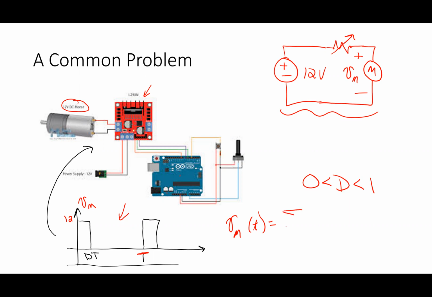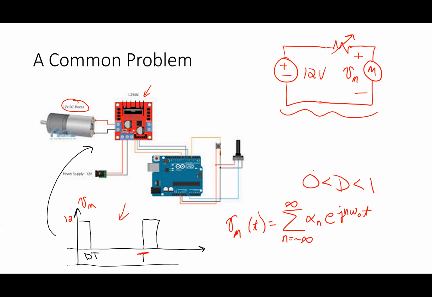So V motor is some waveform, the sum from negative infinity to infinity of alpha n e to the j n omega naught t. I can express it that way, and this is going to have a whole bunch of stuff in it.